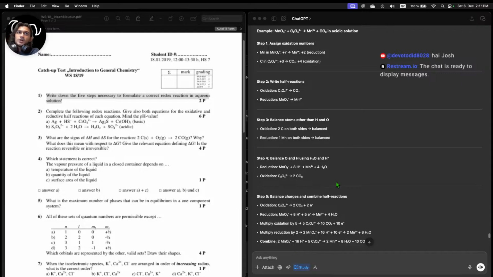That one was done. I believe I do remember the steps now. Complete the following redox reaction. Give also both equations for the oxidation and reduction.